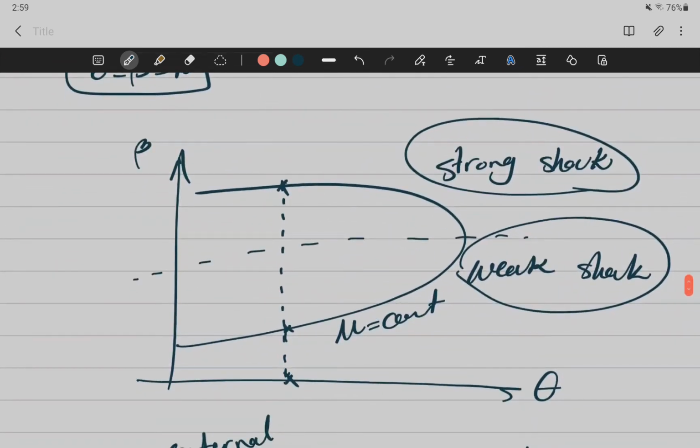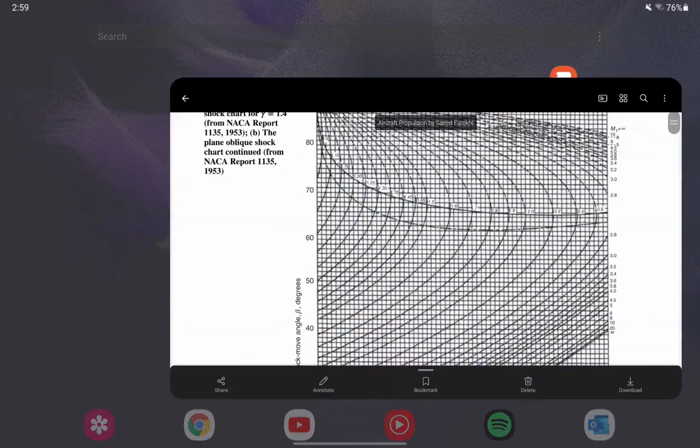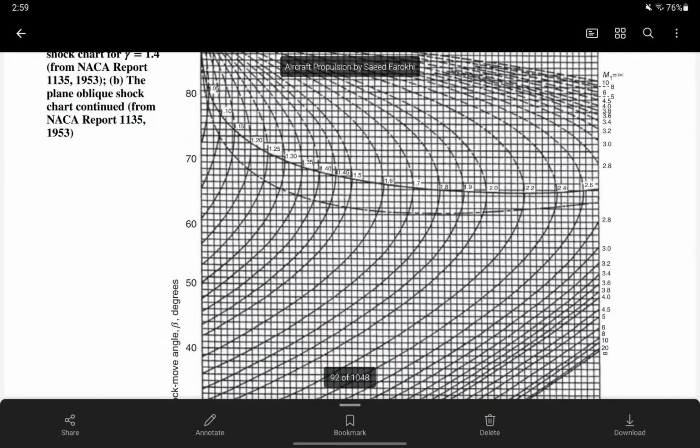So as Mach number increases, it narrows, right? Or is it the other way around? What do you mean as Mach number increases? Let's go to the original plot. So this is in the direction of increasing Mach number. So this has a higher Mach number.